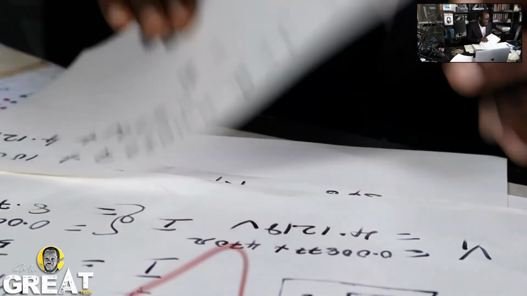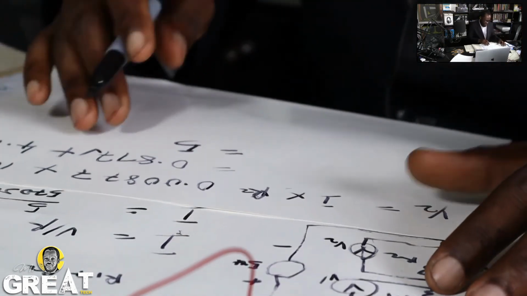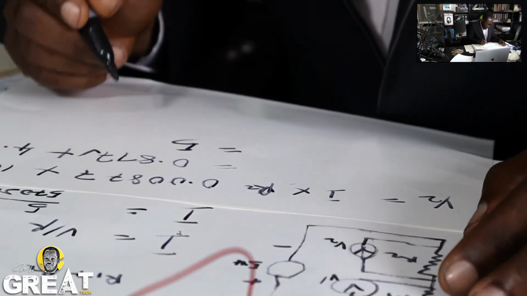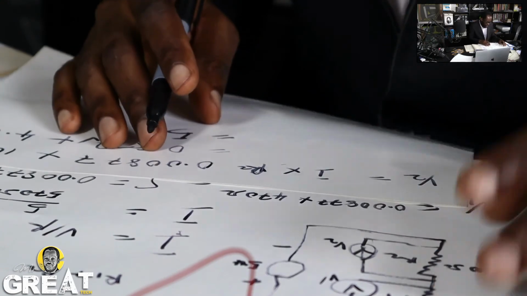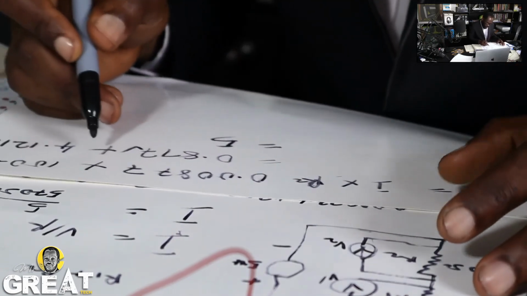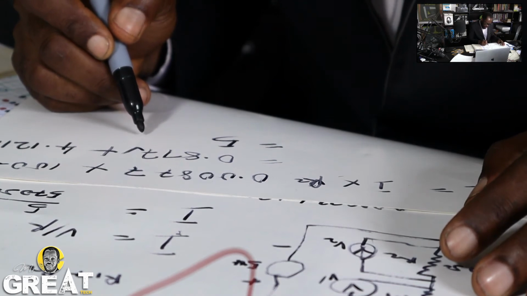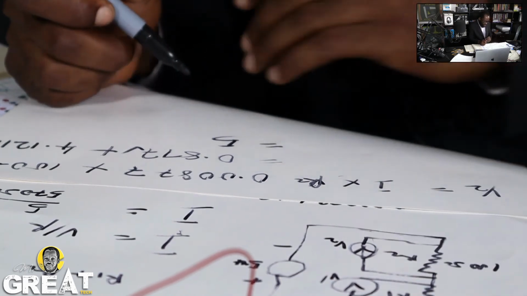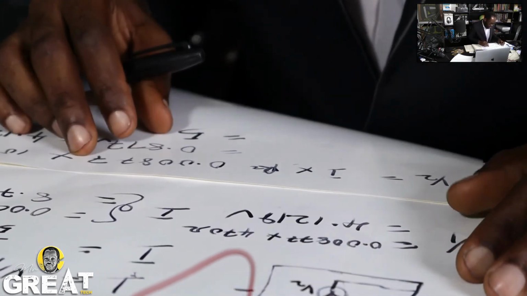So this is how we are able to do it. So this is the voltage summation. V2 is 0.8 volts, and V1 is 4.12 volts.